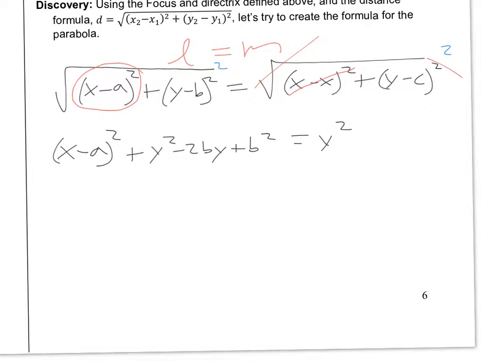So I would get y squared minus 2cy plus c squared. Now, hopefully at this point you recognize why I expanded it, and that's because I have a y squared on both sides. If I was to subtract y squared from both sides, this would just zero out. So I don't really need these. They kind of cancel each other out.